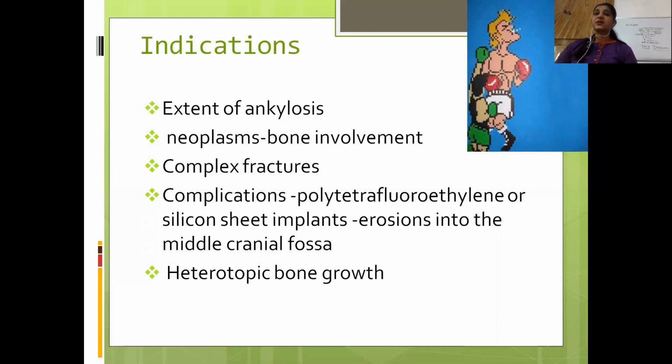Then come the complex fractures. In cases of complex compound fracture, that is when there is much mutilation of the structures inside the joint space, complications like polytetrafluoroethylene or silicone sheet implants, erosions into the middle cranial fossa, sometimes due to the fracture, the surgeons perform surgeries to hold the mandible in its position, and such implants are used.